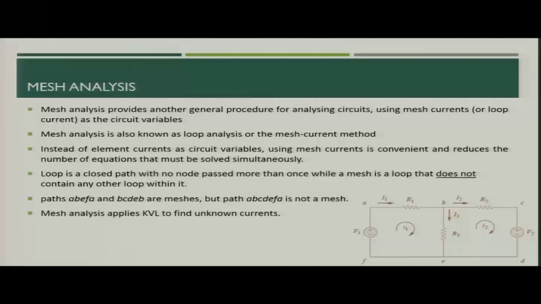Namaskar. So, today we will continue our yesterday's discussion on mesh analysis. Let us first understand what we discussed yesterday. Yesterday we saw what is mesh analysis, and we established the difference between the mesh current and the branch current.